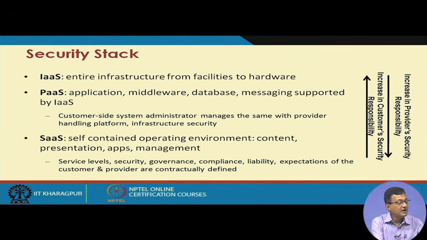The provider's responsibility increases as I go from IaaS to PaaS to SaaS; in the other sense, the consumer responsibility is maximum in IaaS. So whenever somebody takes IaaS, PaaS, etc., it is definitely an organizational or individual need, and along with that we need to look at the type of security aspects to deploy on my system.